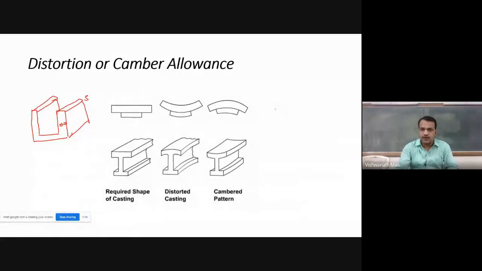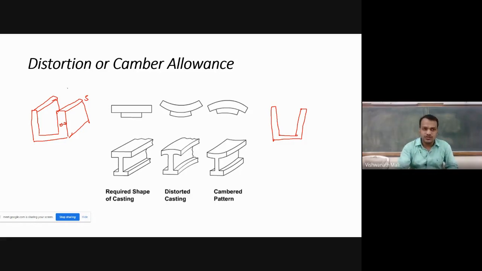In some cases, it gets distorted, it gets bent when it shrinks. So either it will shrink inward or outward. That we need to see by making 1 or 2 samples, depending on the size and shape of the material.